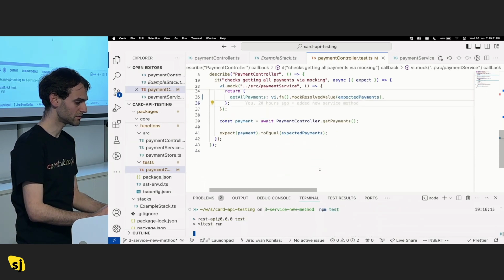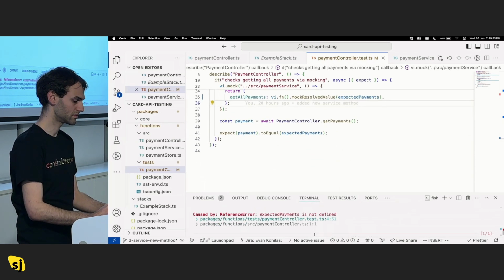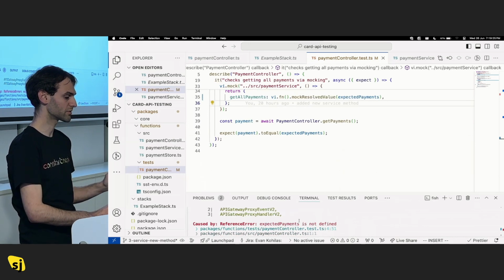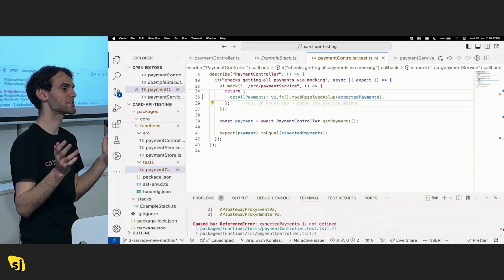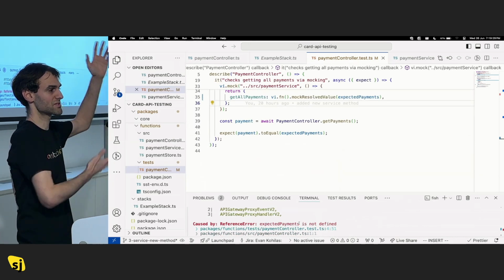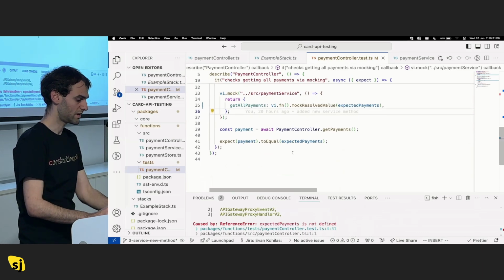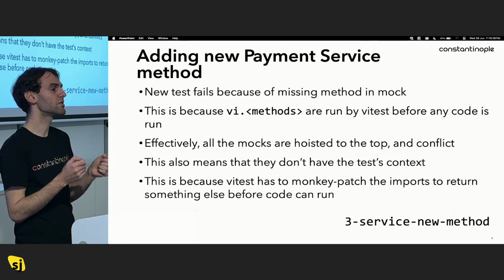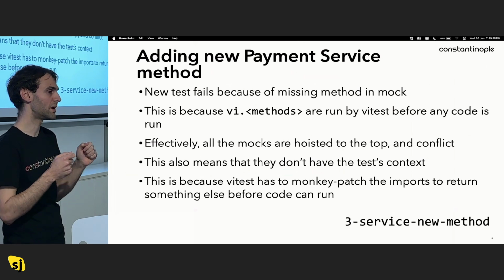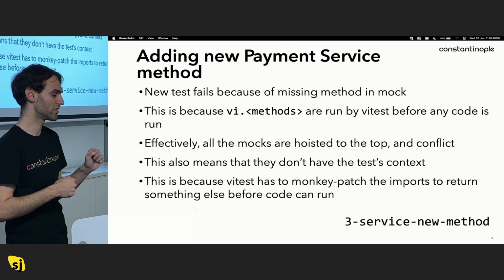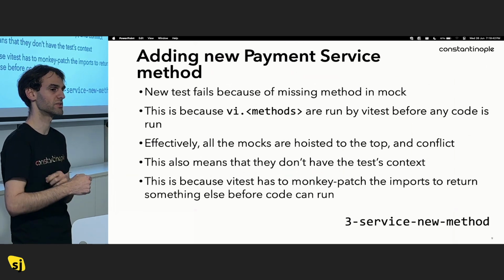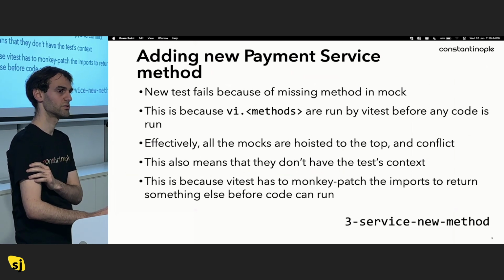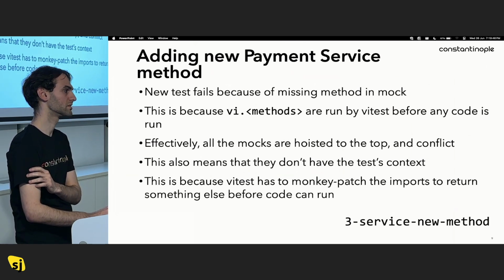Actually, yeah, it fails because it says expected payments doesn't exist. It doesn't exist because it's hoisted at the top. And so essentially what Vitest is doing is it monkey patches the import to return something else before your code actually runs. Cool. Any questions?